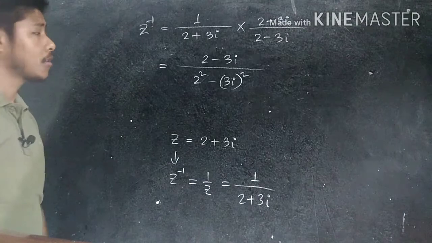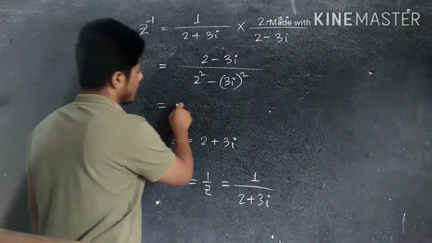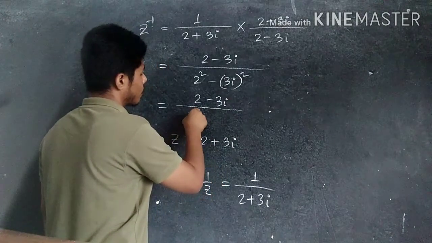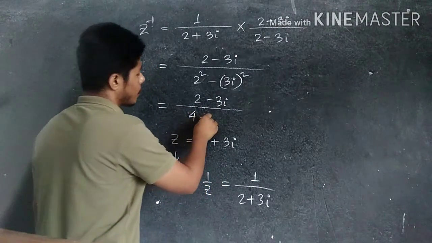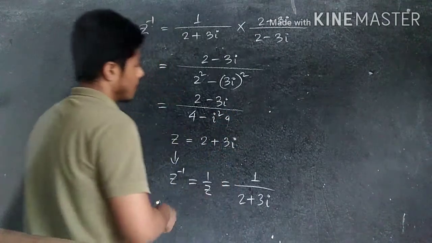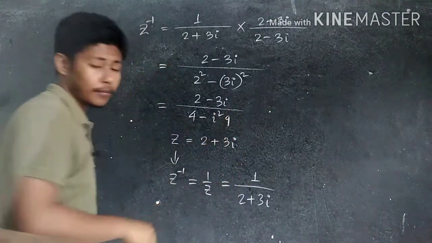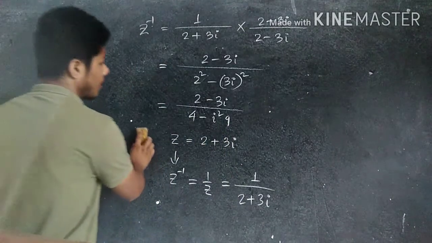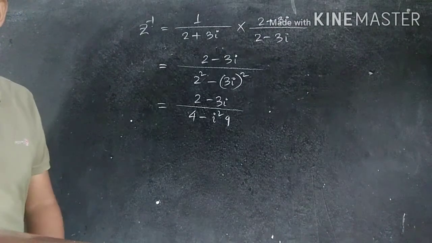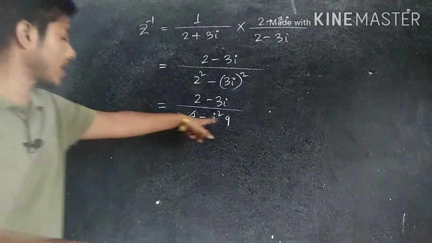Calculating, 2 square is 4, and we have minus i square into 9.